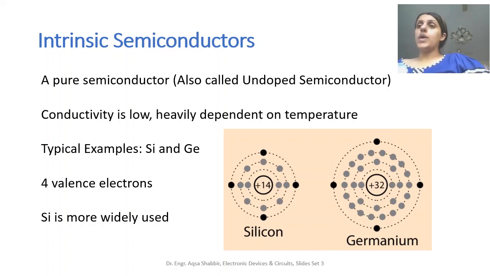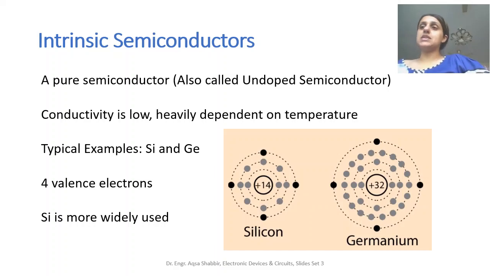Welcome back. We know by now that semiconductors are a very important kind of material as they have electrical properties between that of conductors and insulators. Now there are two types of semiconductors, intrinsic semiconductors and extrinsic semiconductors. Let us first revisit intrinsic semiconductors.